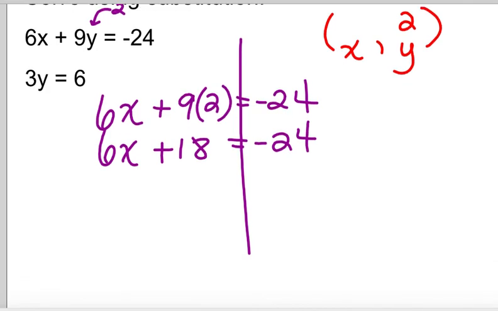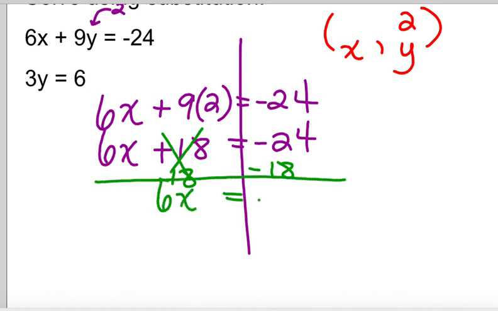X says, I don't want all those numbers on my side of the equation. And you say, no problem. I'm going to move that 18 away using subtraction. That creates a negative 42 on the other side. Negative 24 minus 18 is negative 42. X is still not happy. He doesn't want to be multiplied by 6, so you can do the opposite and divide by 6, which cancels there.